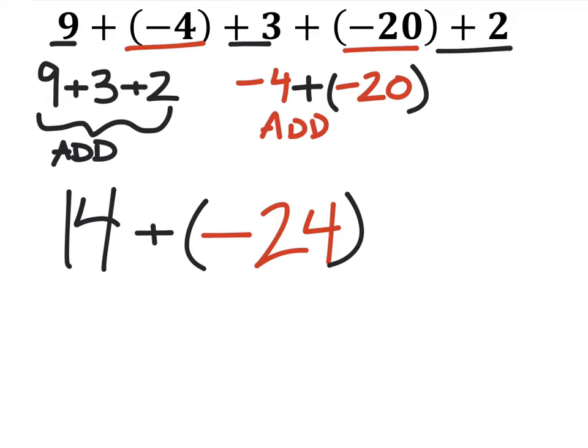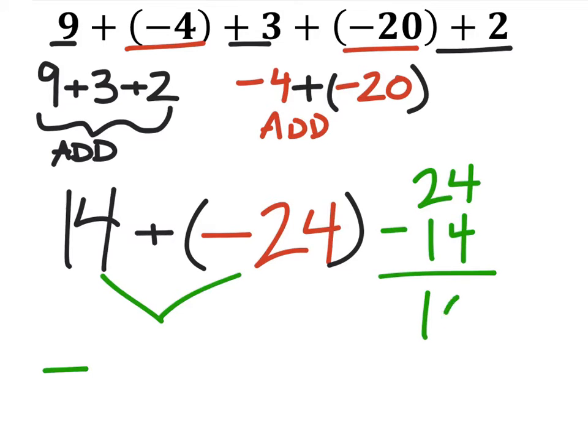So I got 14 plus negative 24. When I look to combine these two, is there more positives or negatives? Well, there's more negatives, so I know my answer is going to be negative, which then allows me to take the bigger number, 24, and subtract the smaller one, 14, which is 10. So the final answer here is negative 10.